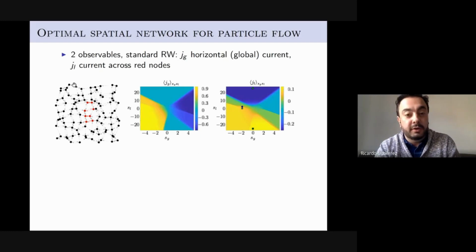By the way, here there's some noise in the node position. If you have a completely regular graph, just a lattice, there's a symmetry. If you change the signs of the two tilting parameters, basically you get the same currents with a minus sign. So there's a kind of reflection symmetry across this line over here.